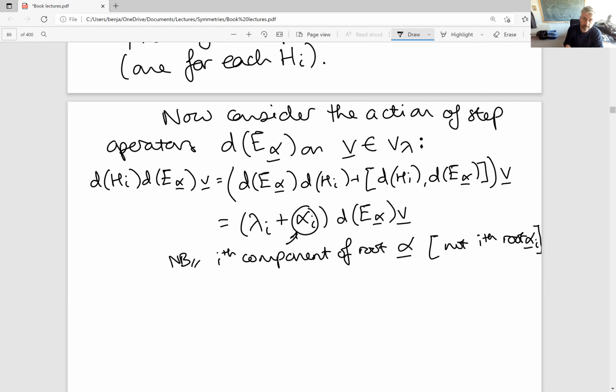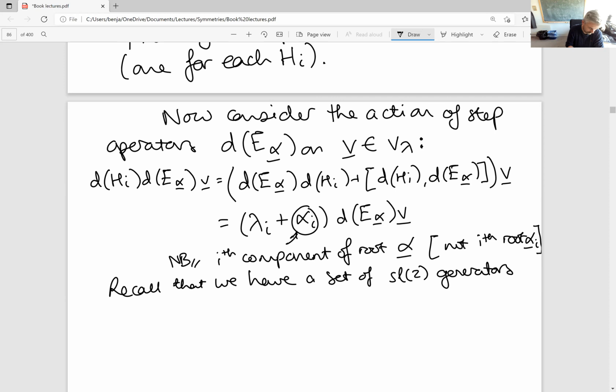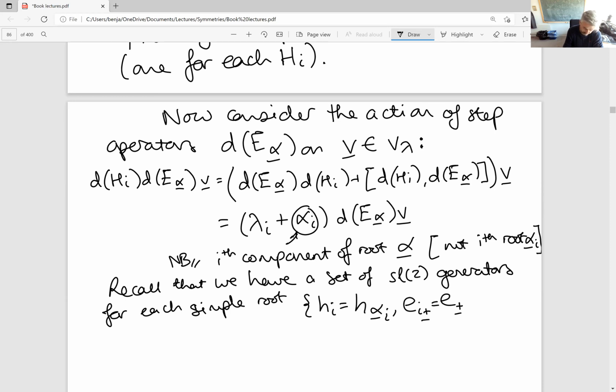Okay, so we recall that for each alpha, we have a set of SL2 generators. So for each simple root, H_i is H_alpha_i, and E_i plus or minus was E plus or minus alpha_i.